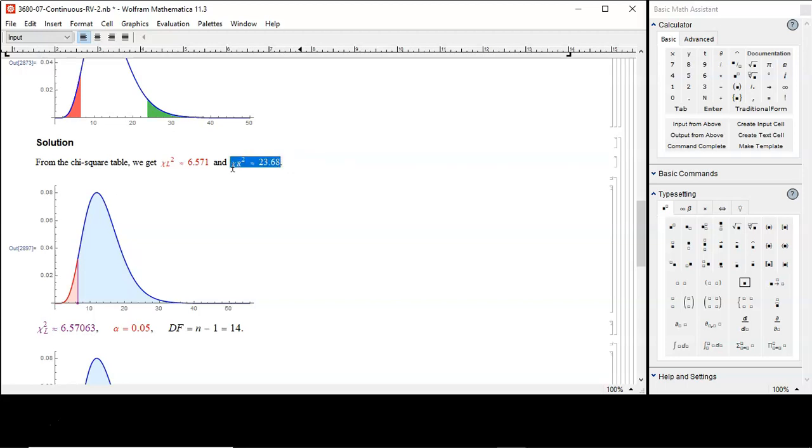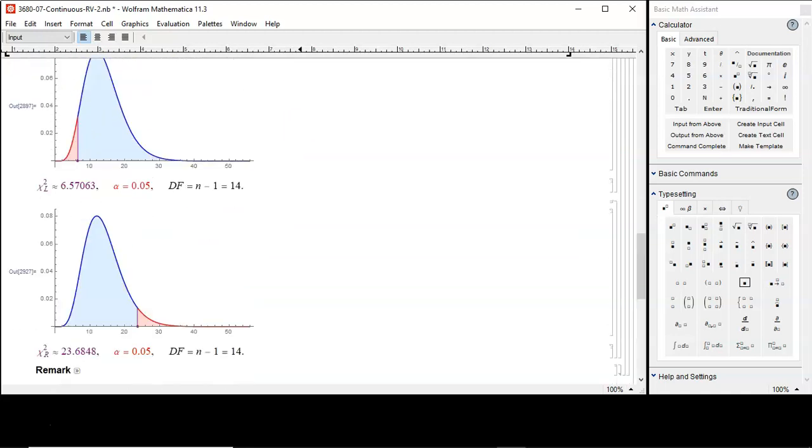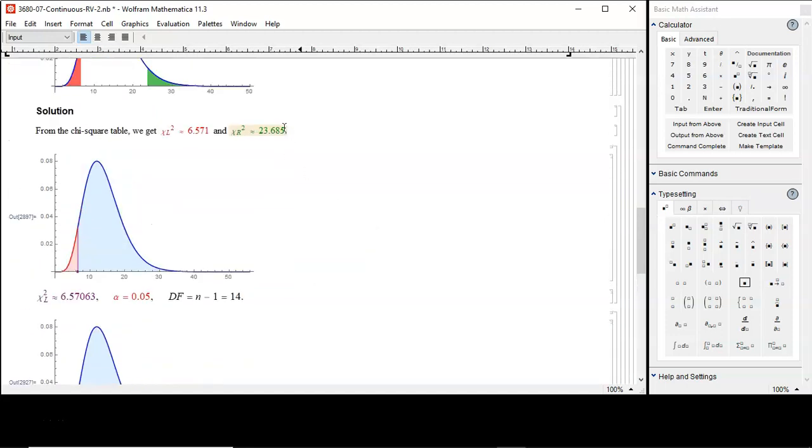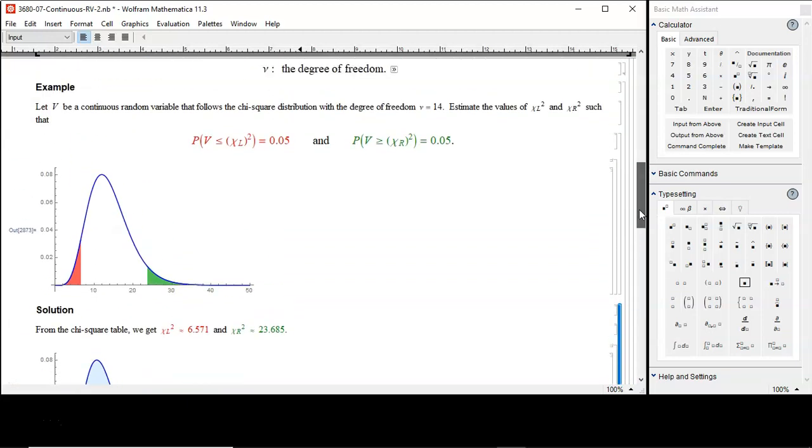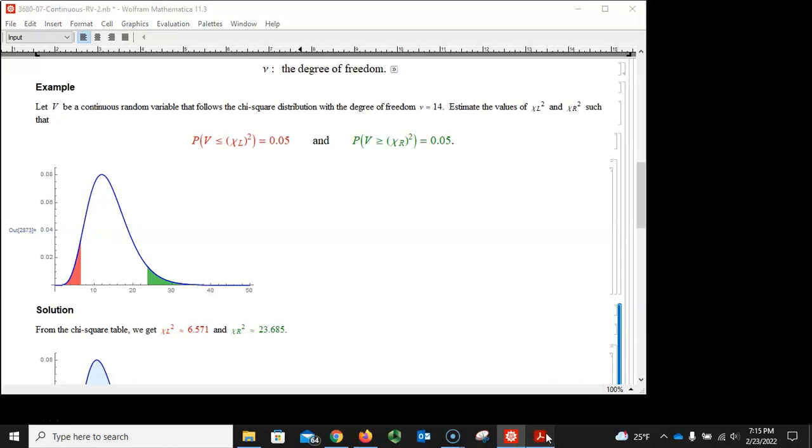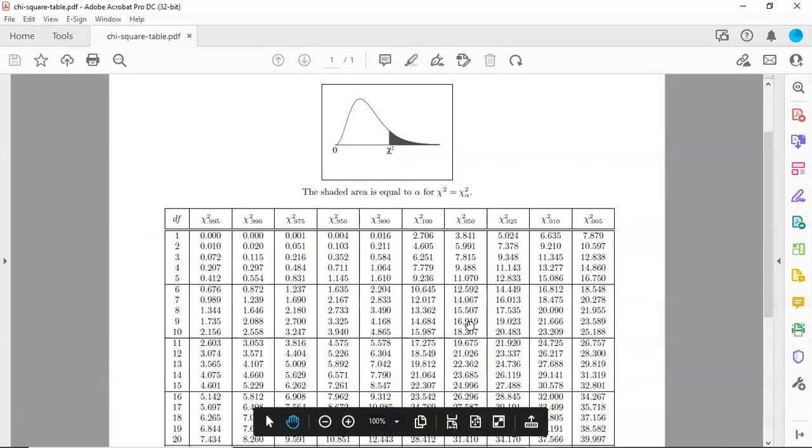And right-hand side, chi-R squared is 23.685. Look at this. 23.6848, yes. So those are the chi-square values that I was looking for. So this value here, 6.571, this value here, 23.685. Go back to the table, and 23.685, 6.571.